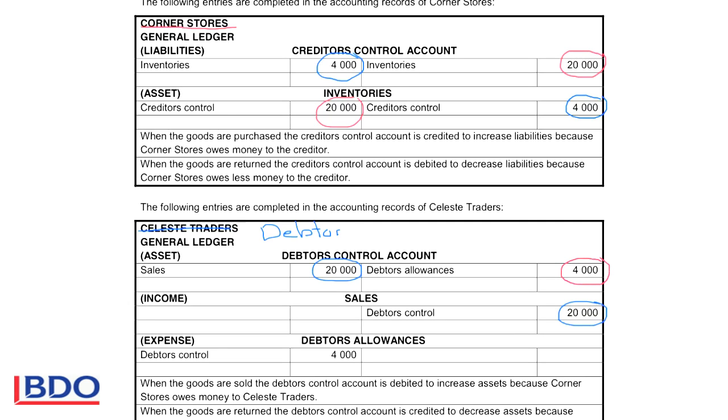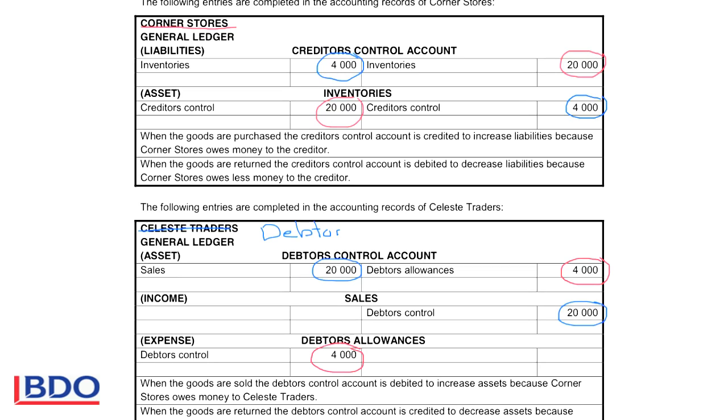And the debtors' allowances will be debited to reduce the sales, to show that the income decreased. So if we look at these two accounts, in the books of the one business, it will be a creditors control account. In the books of the other business, it will be a debtors control account.